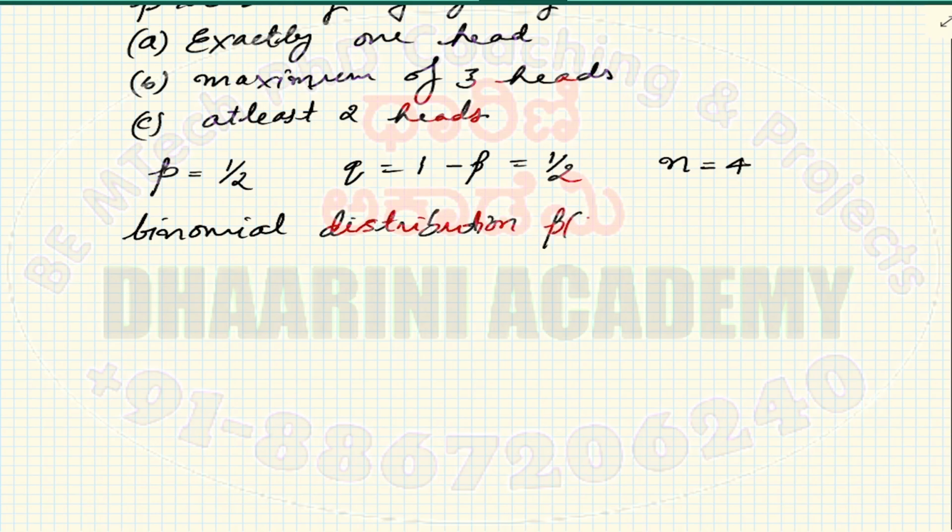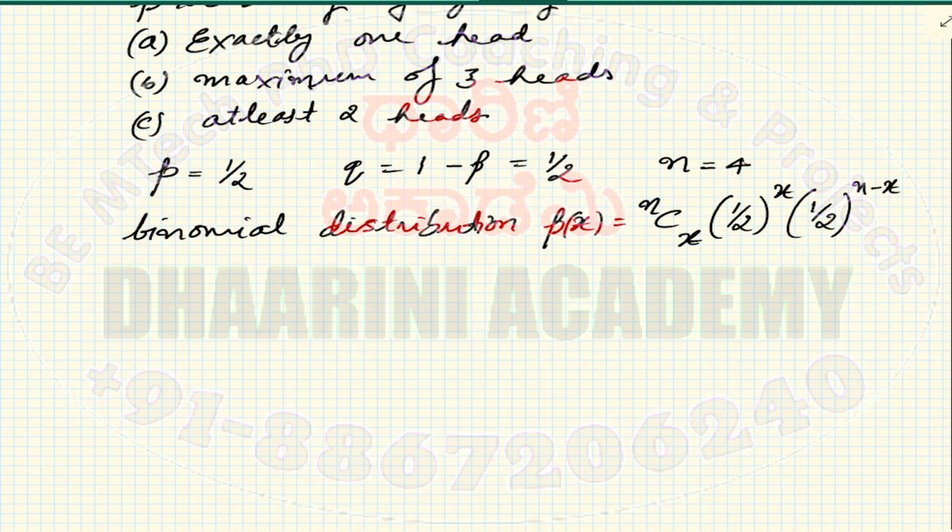P of x is equal to nCx, p to the power x, that is half to the x, times 1 minus p to the power n minus x, so that should be once again half to the n minus x. This is the probability, the PDF is given by this.